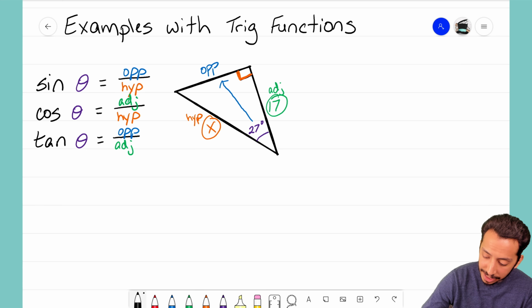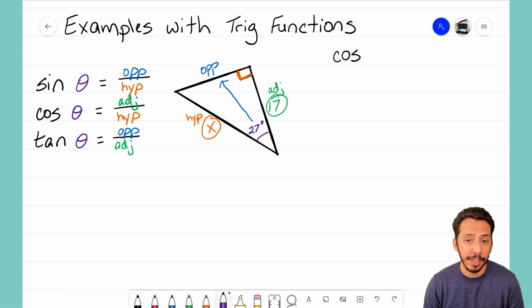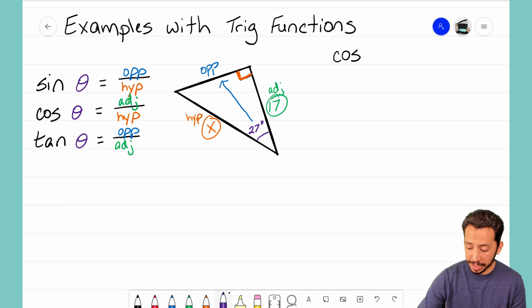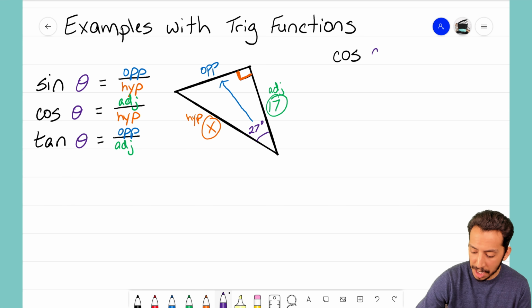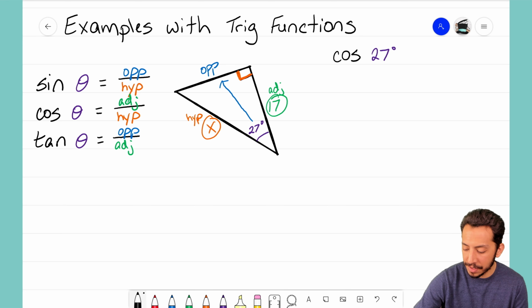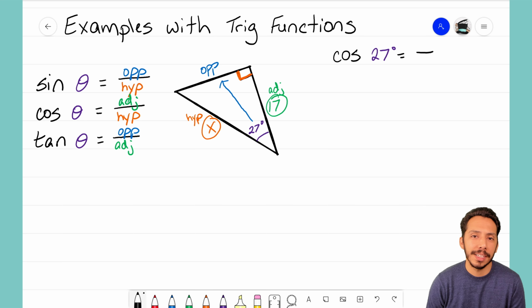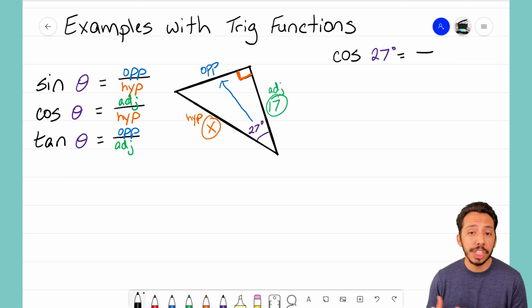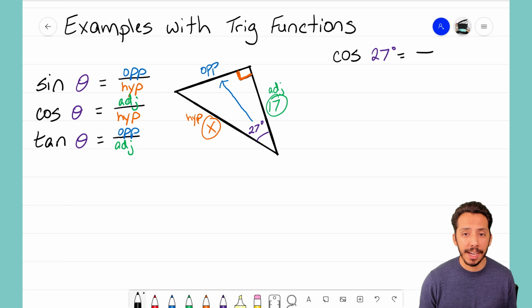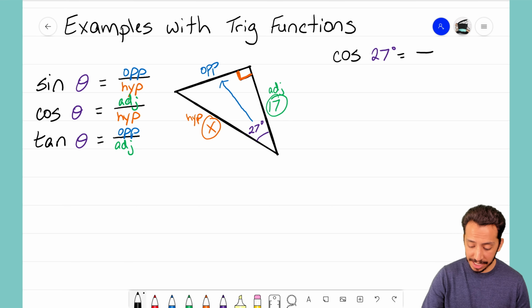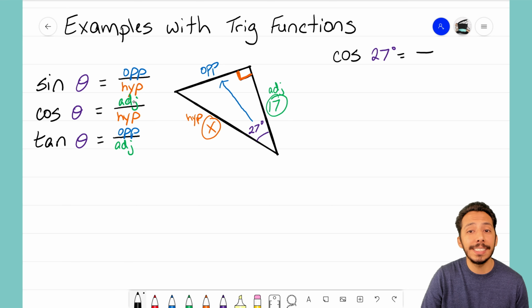So to set up my cosine ratio, I need to first write cosine of my reference angle. My reference angle here is 27 degrees. So I write cosine of 27 degrees equals a fraction, right? A fraction of sides or a ratio of sides. And we know for cosine that that ratio is adjacent over hypotenuse.